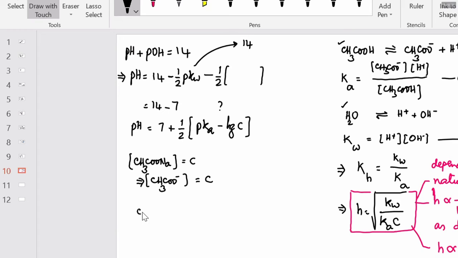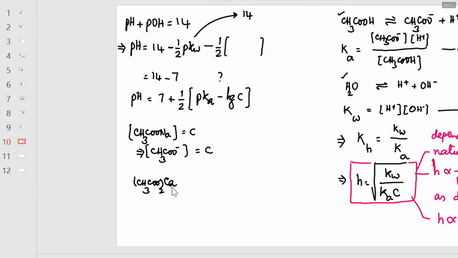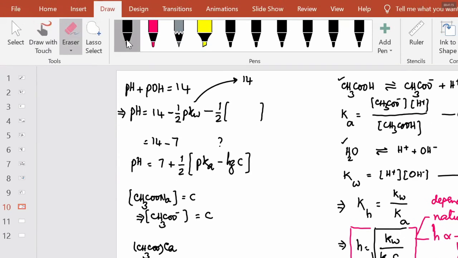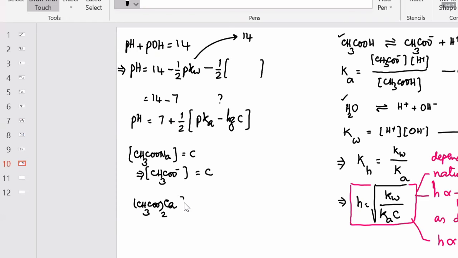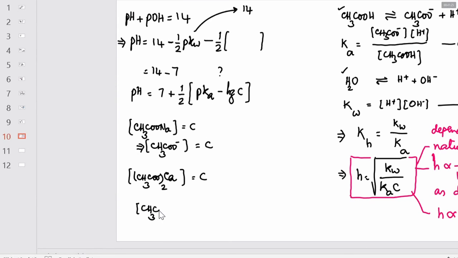No, because if you take calcium acetate, is it not a salt of weak acid and strong base? Yes. If you have that type of story, then the problem will be of a different style. If the concentration of calcium acetate is equal to C, what is the concentration of the ion which undergoes hydrolysis? This is 2C.